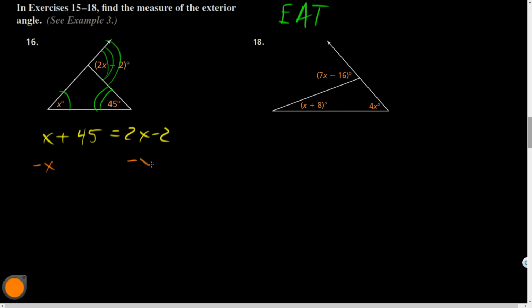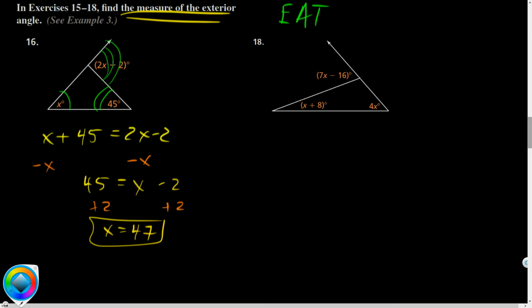Let's see. Claim is it's 92. Ooh, I got to pay attention. I would have probably just solved this for x and thought I was done, but I would not be. So I would have had 2x minus 1x is just x. Add 2 to both sides. Looks like I'm getting 47 for x.